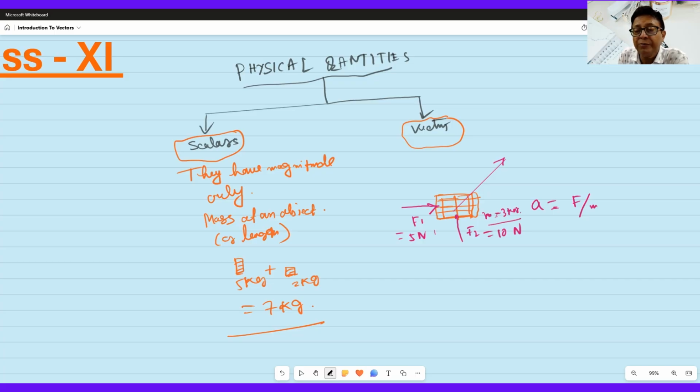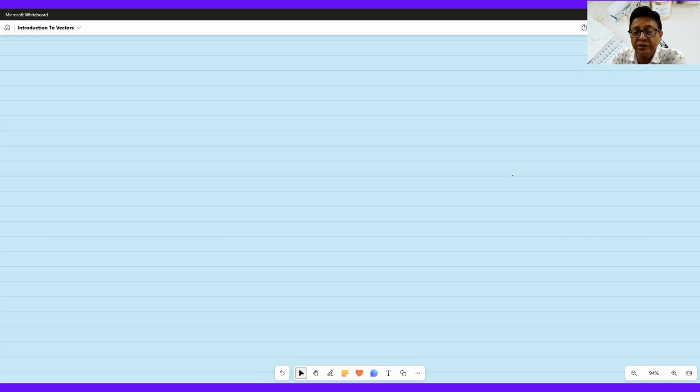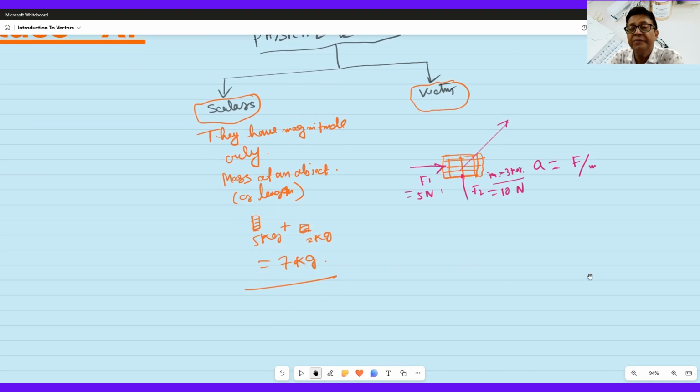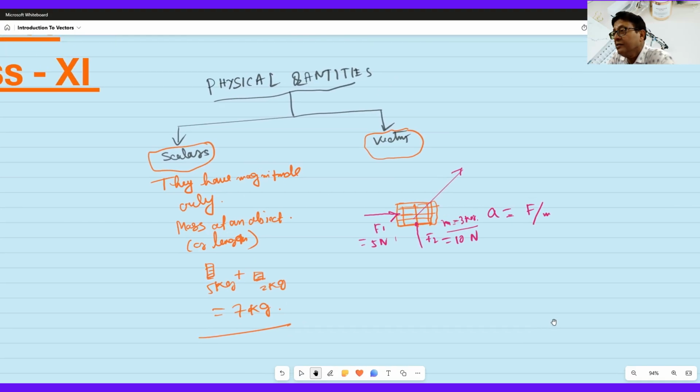So here what you have to do, you have to find the net force. After getting the net force, you can get the acceleration of the object. So acceleration we'll now be writing, which you have never written before, acceleration equal to resultant force Fr divided by m. But then the total mass, m total, what we have written here, 7 kg, no symbol is required for that.